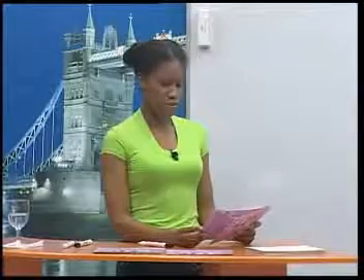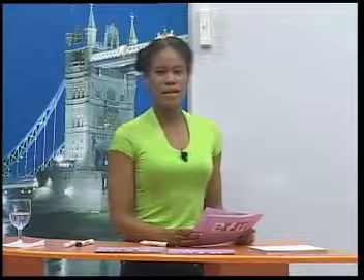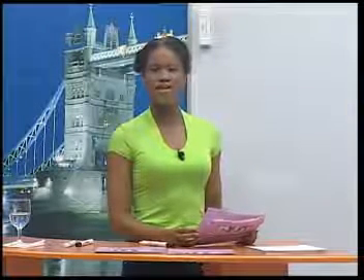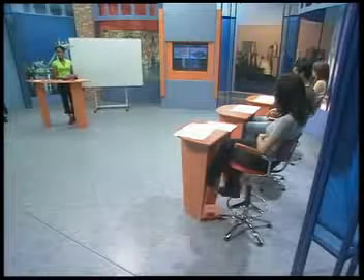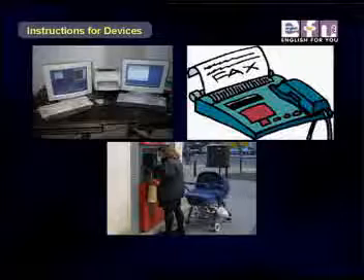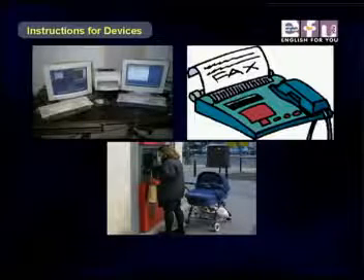Very good, Alberto. Now, let's listen to instructions for one of the machines we just looked at. You decide if the instructions are for a computer, an ATM, or a fax machine. Please listen. First, plug the machine into a power outlet.